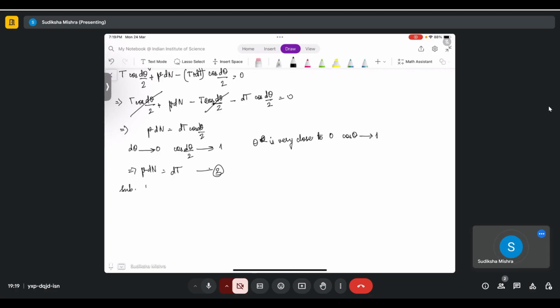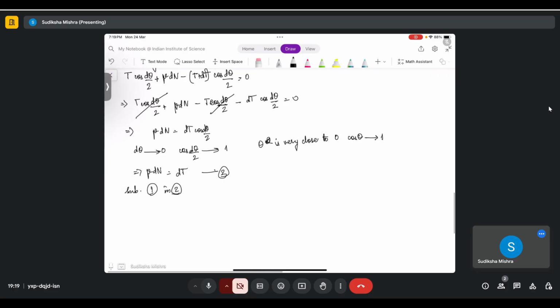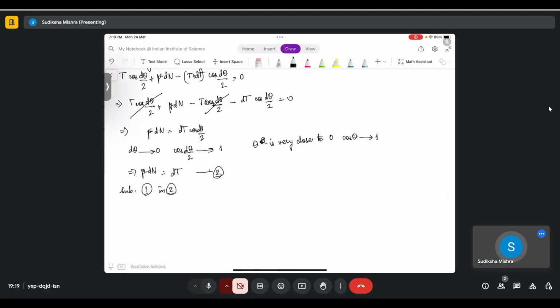If I substitute 1 into 2, I know dN is T d theta. I can write 2 as mu times T d theta is equal to dT.